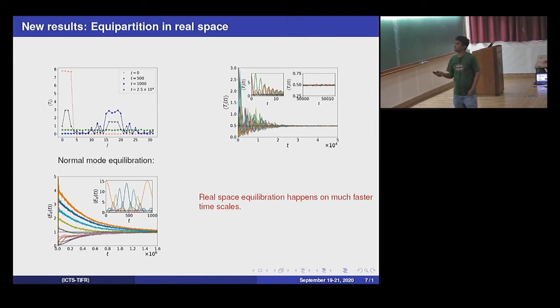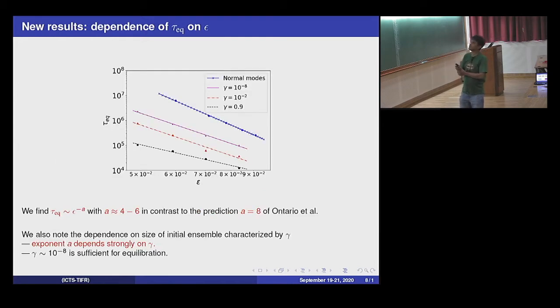Now the main result that we find is about the time scale from here. You'd say at maybe 2.5 times 10 to the power 4, things have reached thermal equilibrium. But when you look at normal modes, you find that it's a much larger time scale. So real space equilibration happens at much shorter time scales.